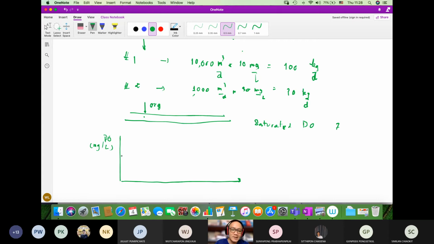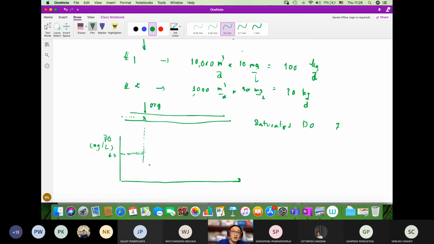Normally it's about 6 or 6.5. So if we measure along the stream, the level of oxygen will be around 6. Once the stream reaches the mixing point, this is the point where the organic substance gets discharged from probably the household or from the industry.